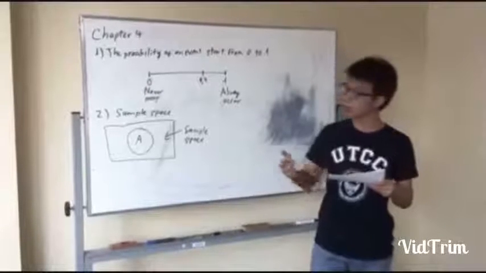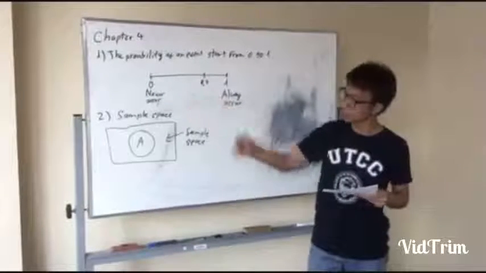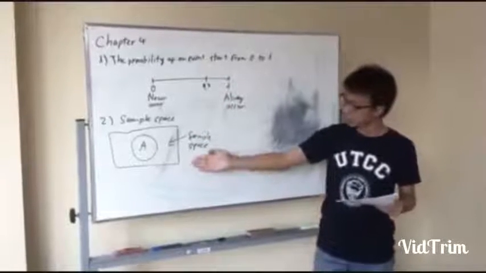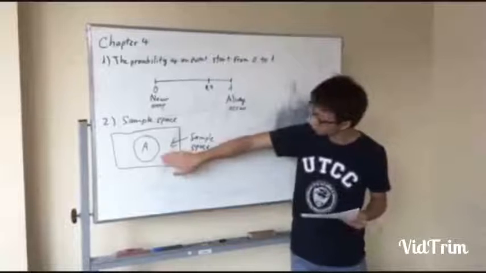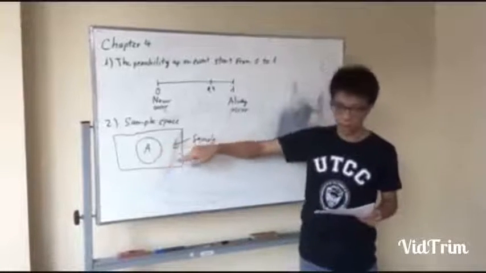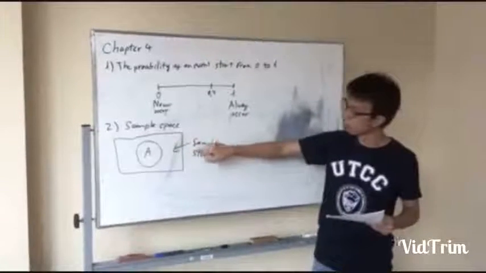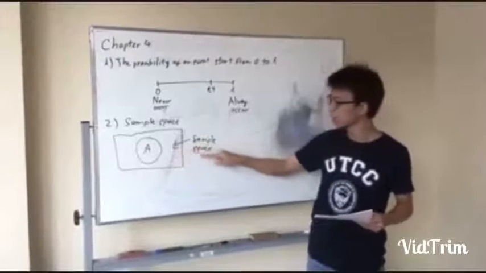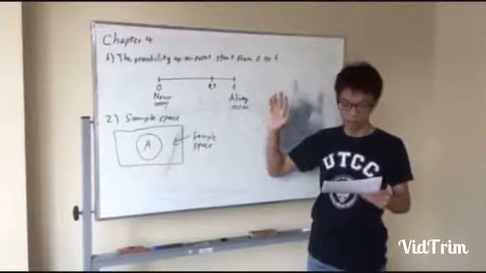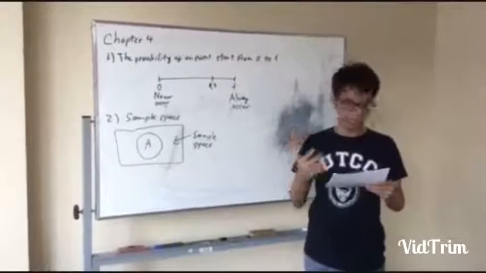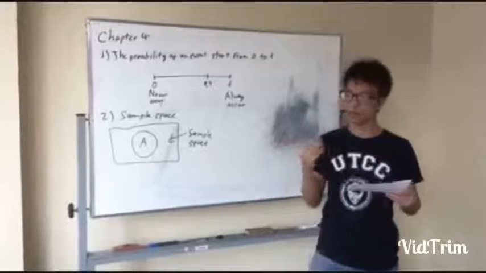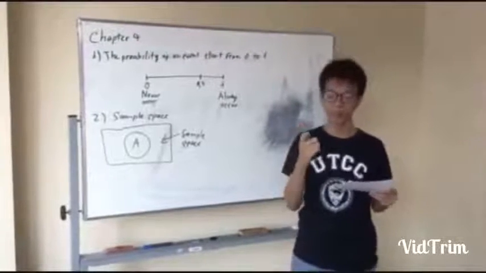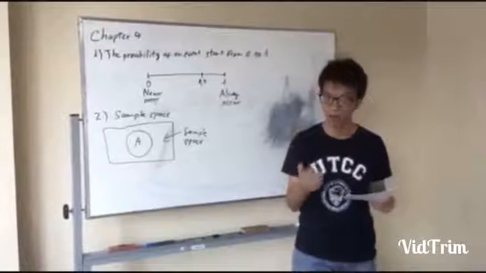Okay, I want to move to number 2. Question number 2, sample space. As you can see, the area of A is one of the chances that the event will occur, and the other is the sample space. For example, if you toss a coin, the sample space will be head or tail.